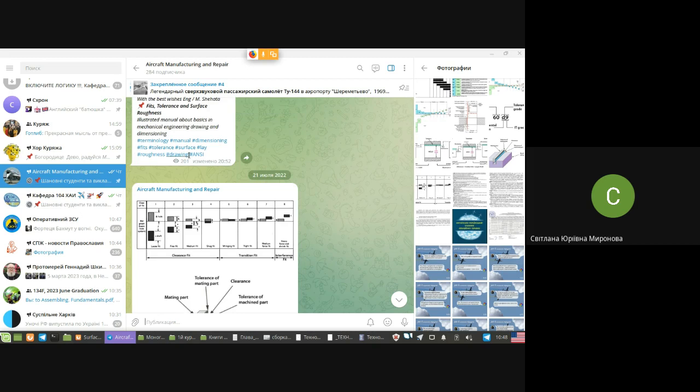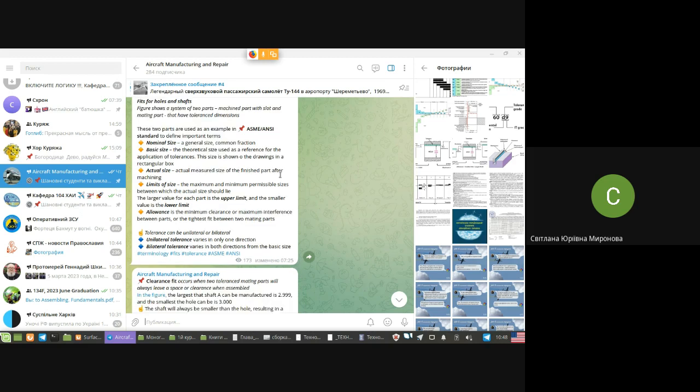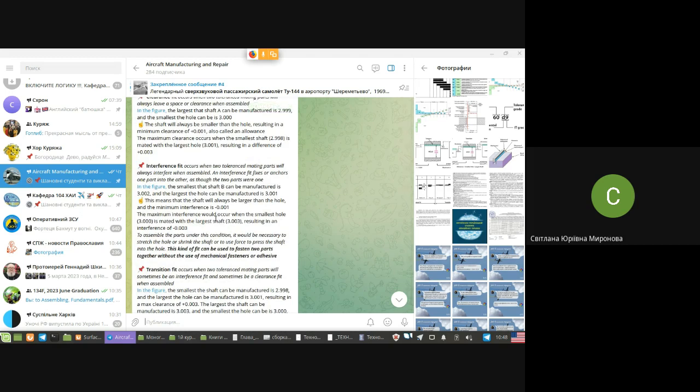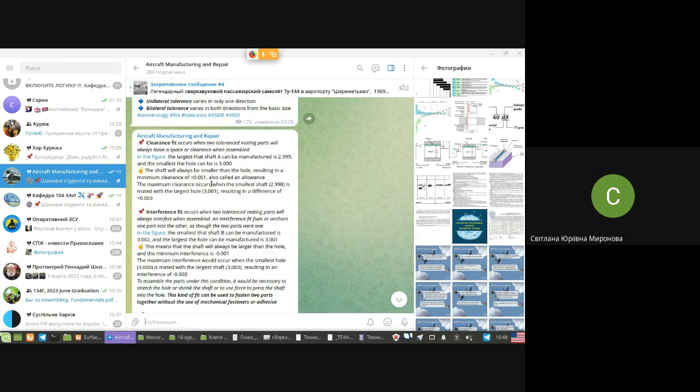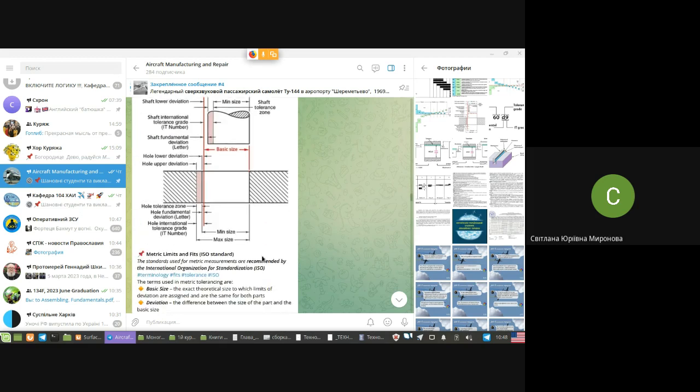This standard name is ANSI or ASME, the American Society of Mechanical Engineers, and American National Standards Institute. And on the other hand, they have ISO standards. The names of these systems are similar: geometrical dimensioning and tolerancing, and another. Right now I do not recollect these short names, but they are similar.